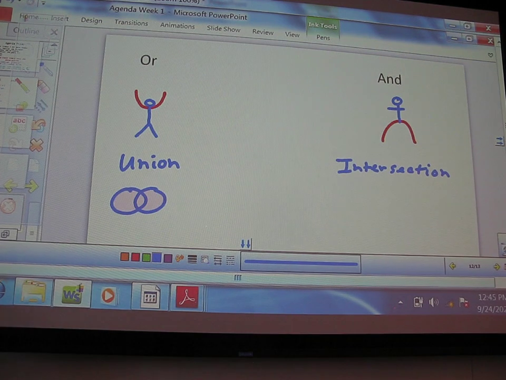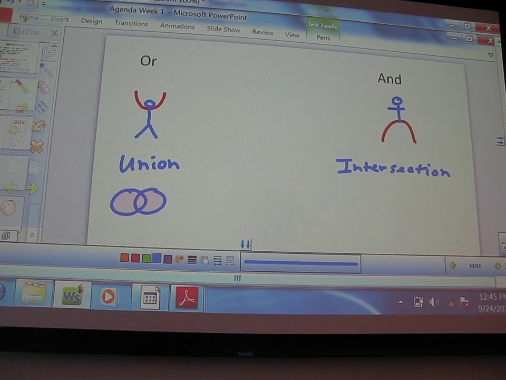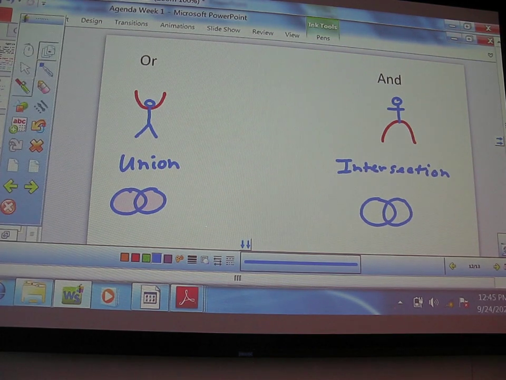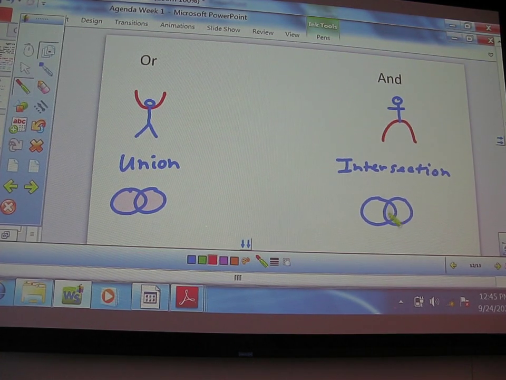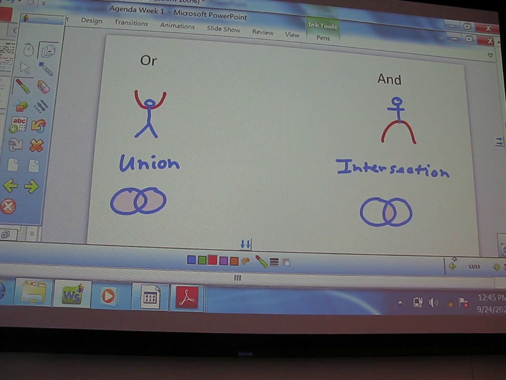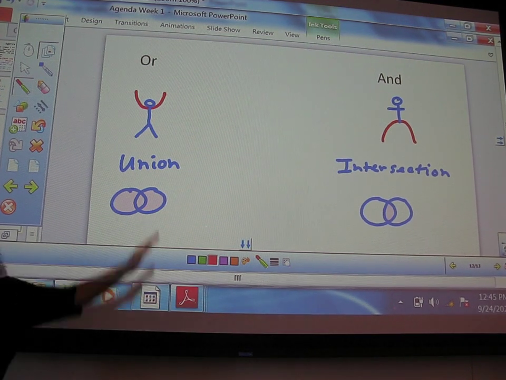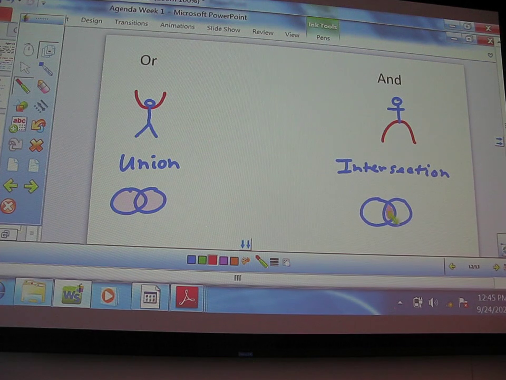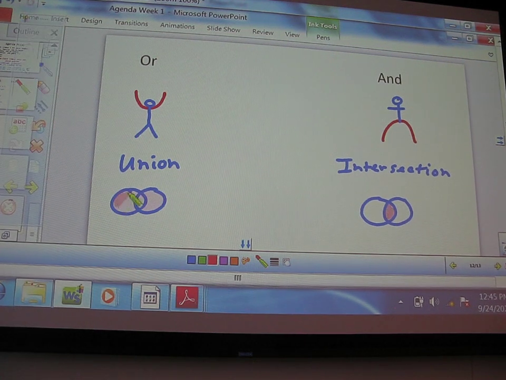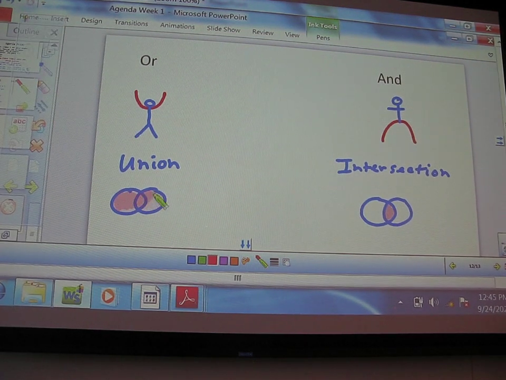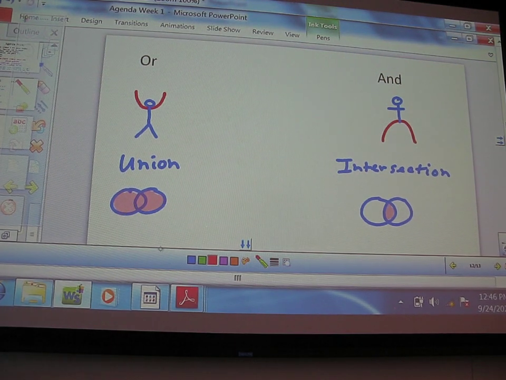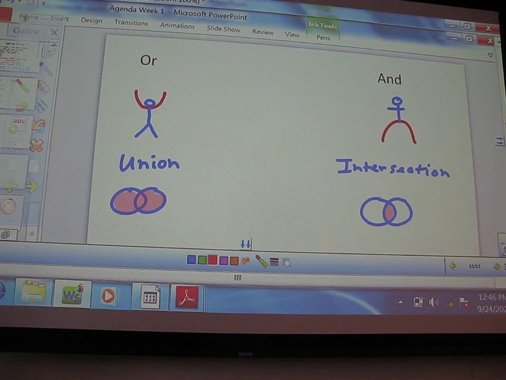So and is actually a really small amount. If I graph it, and is just that little bit there. Do you guys kind of follow me? I'll make it darker. Versus this is the whole thing. Good?